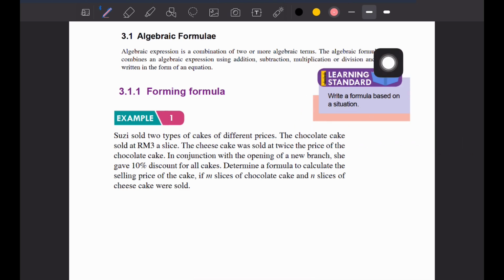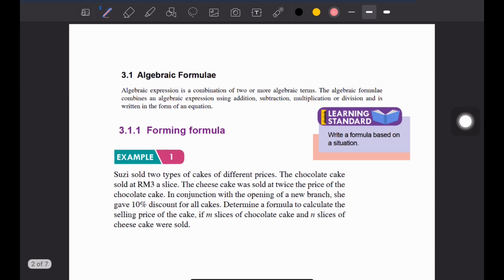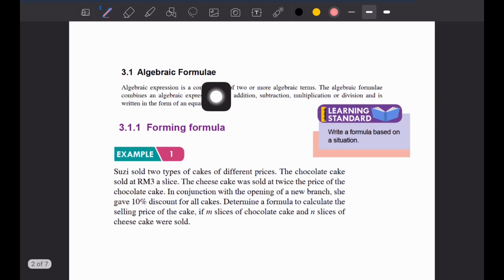Let's read 3.1 algebraic formula. An algebraic expression is a combination of two or more algebraic terms. The algebraic formula combines an algebraic expression using addition, subtraction, multiplication, or division, and is written in the form of an equation.